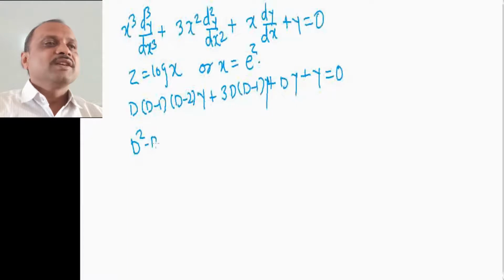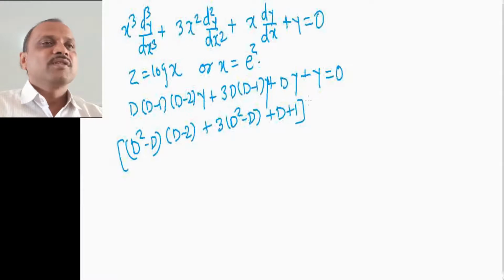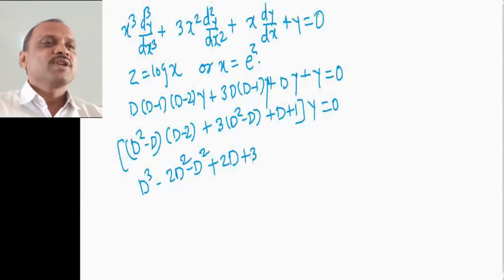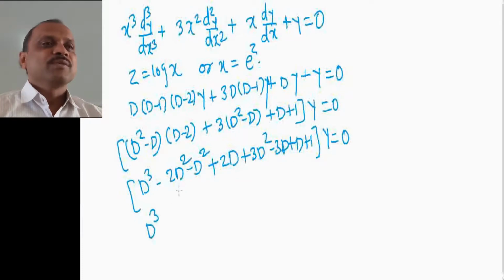Now here (D square minus D) into (D minus 2) plus 3 into (D square minus D) plus D plus 1 operating on y equal to 0. Let us multiply this: D cube minus 2D square minus D square plus 2D plus 3D square minus 3D plus D plus 1 operating on y equal to 0.